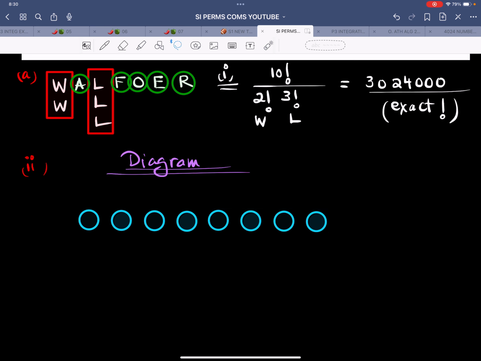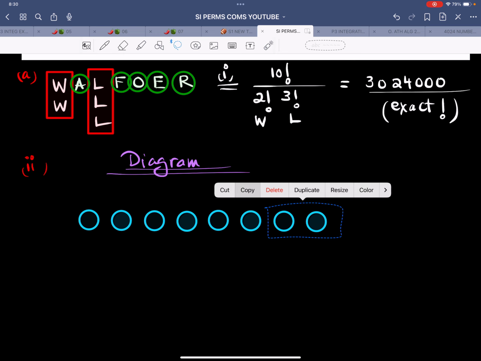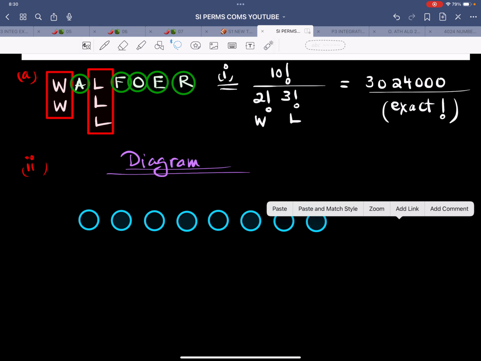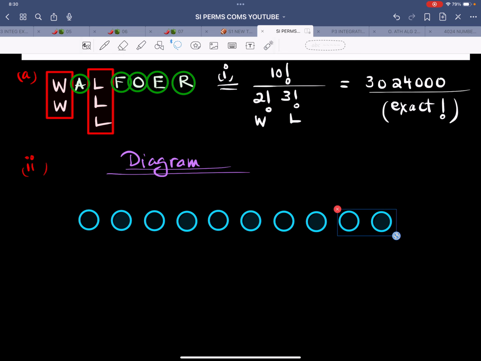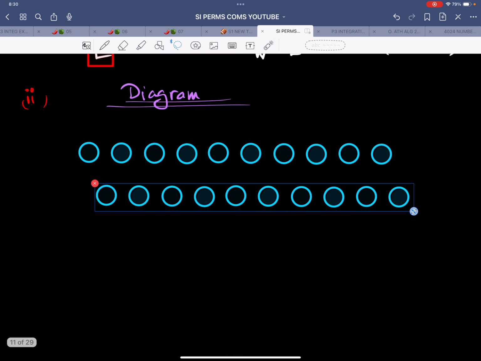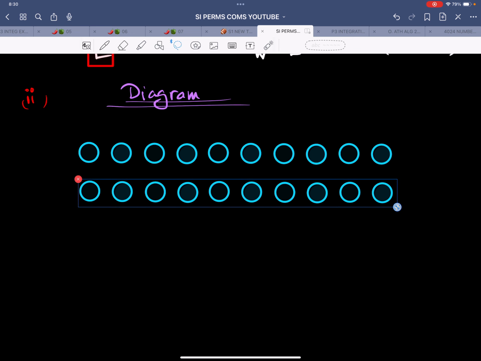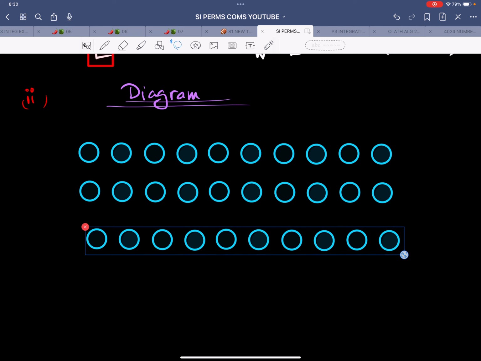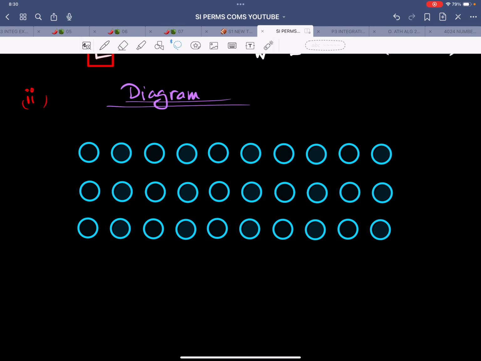So that's 8 of them, and let me just choose the last 2, copy it and then paste it over here. So how many are there? 10. Now let me choose all 10 of them and let me draw a few lines. I'm not very sure how many lines it will take, so let me just draw 4 of them. So this is the second line, this is the third line, and this is the fourth line.